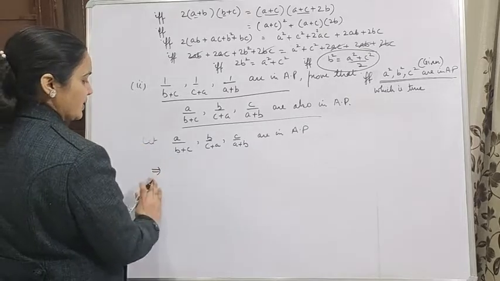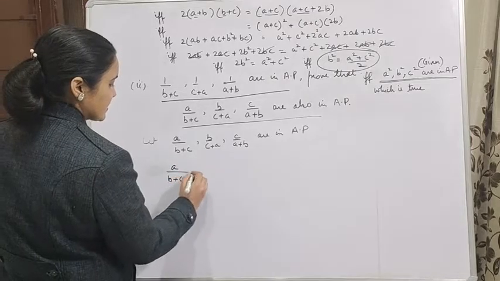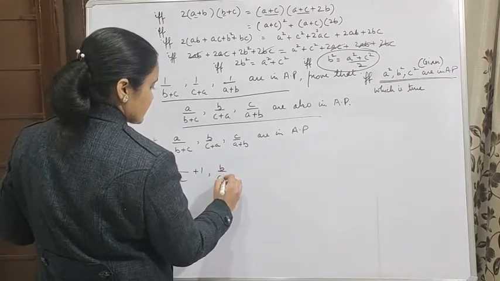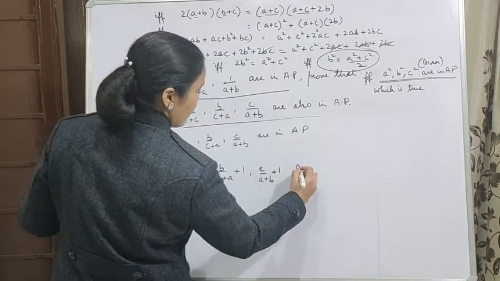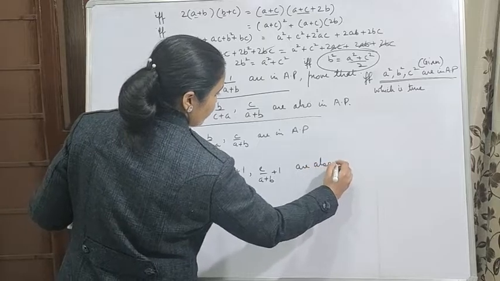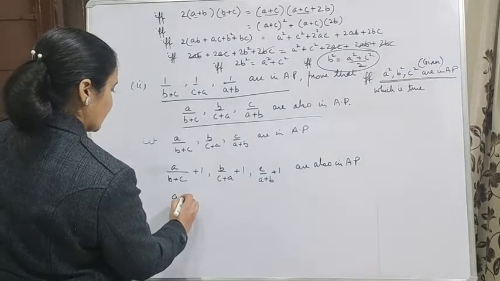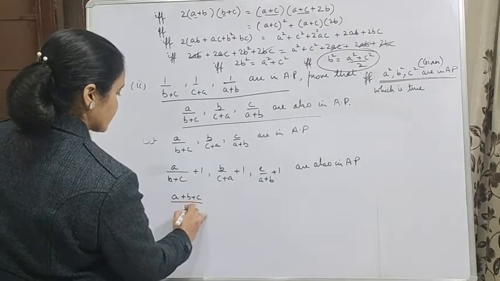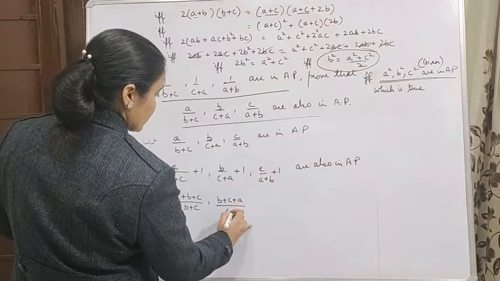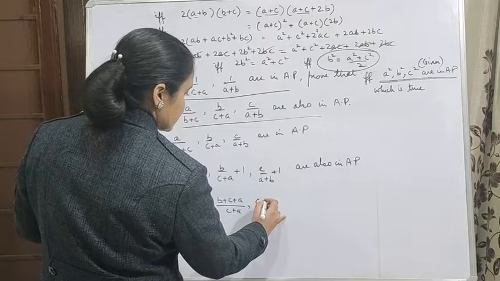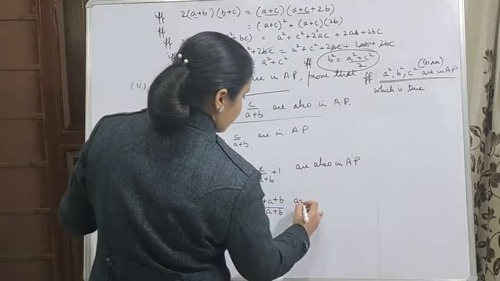So adding 1 to them. Let this is an AP. So this will imply a upon b plus c, adding 1, b upon c plus a plus 1, c upon a plus b plus 1 are also in AP. Now adding 1, you will get a plus b plus c upon b plus c, and you will get b plus c plus a upon c plus a, and this is c plus a plus b upon a plus b are in AP.